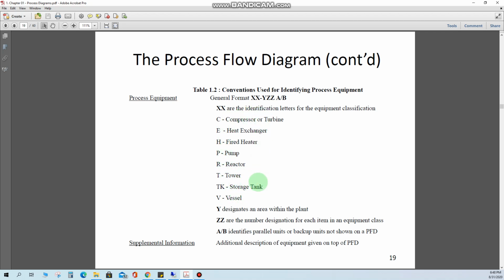So for all of these equipment, there is a letter that must be fixed to them.